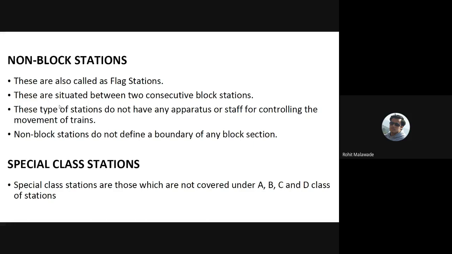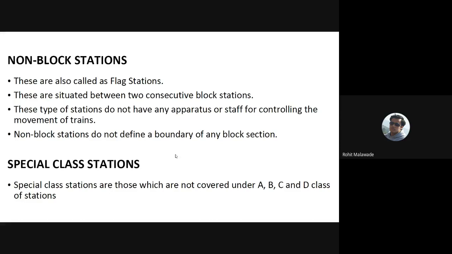So the movement of the train in these stations is completely independent. They don't wait for any signal. While traveling by train, you might have seen many such small stations where you don't find any staff or signal. Non-block stations do not define a boundary of any block station.